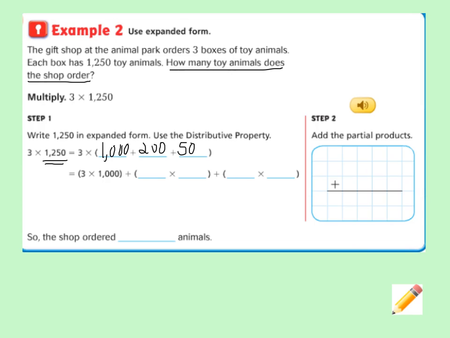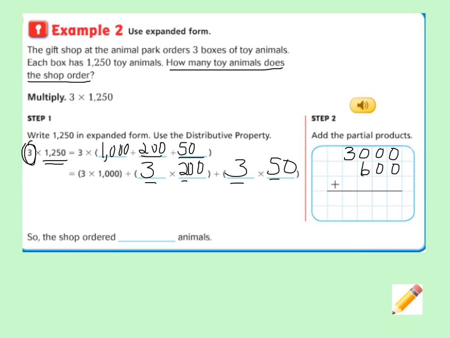And then we'll go ahead and use the distributive property. We have 3 times 1,000 plus, we've got to keep remembering to multiply by 3 times the next number, 200, plus, again, the 3 times the 50. All right, and now we'll go ahead and add the partial products. 3 times 1,000 is 3,000. 3 times 200, let's think, 3 times 2 is 6, plus the 2 zeros, 600.